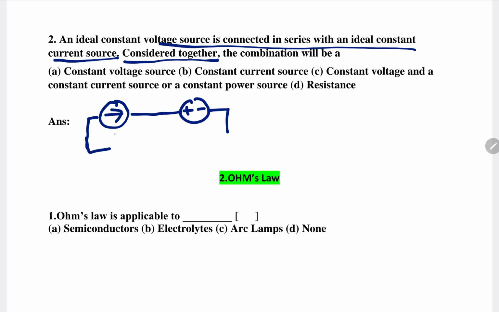The ideal current source tries to maintain constant current in the circuit, and the ideal voltage source will try to maintain fixed voltage in the circuit. But as it is a series connection, this circuit is going to behave like a constant current source, and the voltage source will adjust its voltage accordingly based on the current given by the current source. So the answer is constant current source.